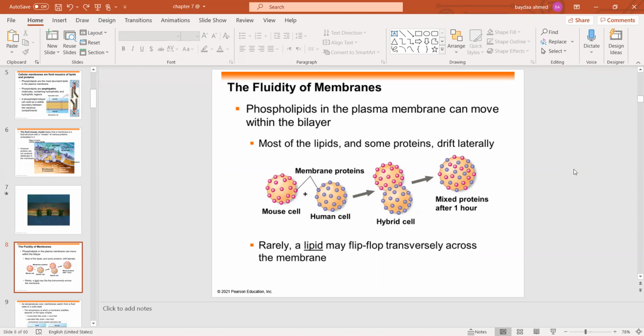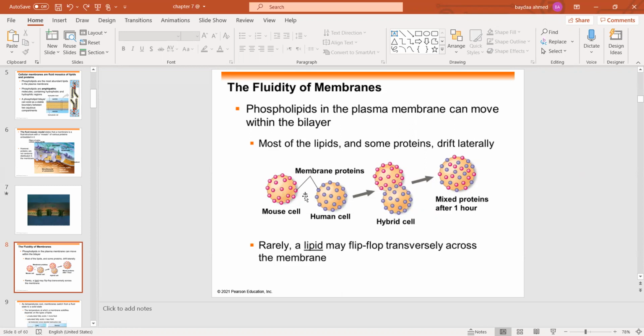In this experiment, Larry and Michael at Johns Hopkins University labeled the plasma membrane proteins of mouse and human cells with two different markers, and then they fused them. Those markers may be isotopes or fluorescent dyes. Here, they appear in pink and blue colors.